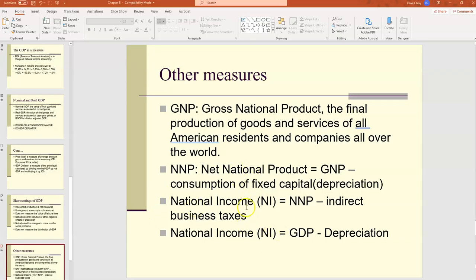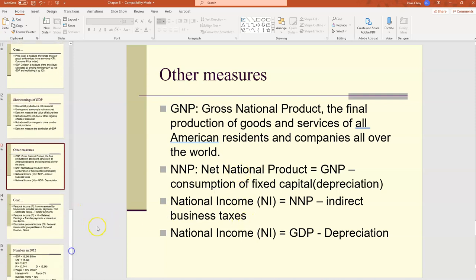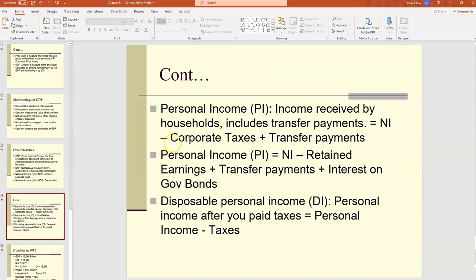Alright, these are all the numbers that are also maintained by the Bureau of Economic Analysis. I just wanted to give you a bit of an idea of how you calculate them. Also, we get to this personal income number. Personal income is basically a metric of how much money people end up with in their pocket. And then disposable income is how much money you end up in your pocket after you've already paid Uncle Sam.